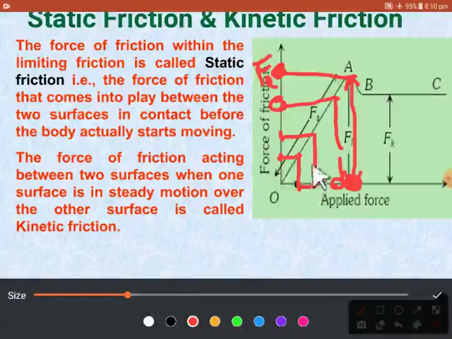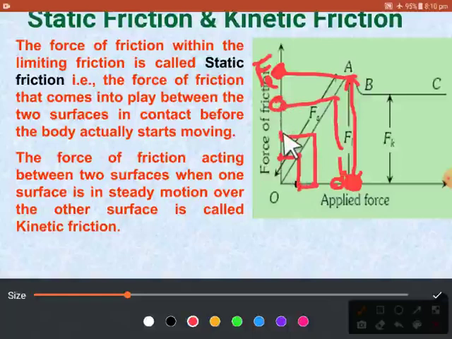When you increase this, your force of friction also increases correspondingly. So up till this applied force, when the applied force is less than the limiting friction required for the body to start its motion, the applied force will be equal and opposite to the static friction.